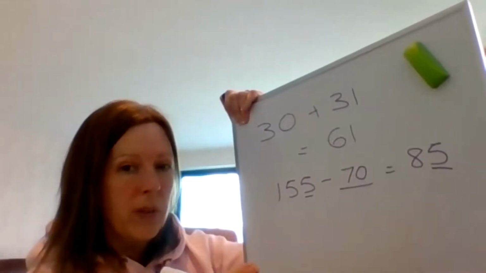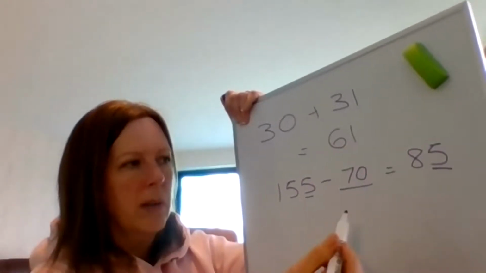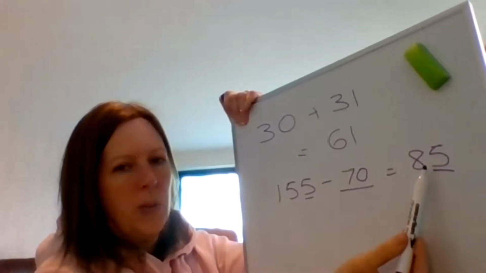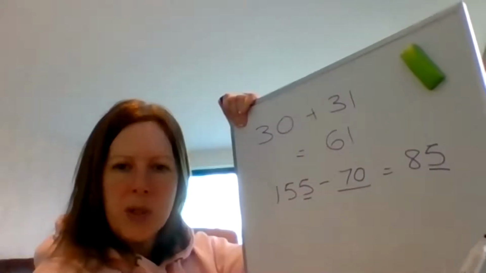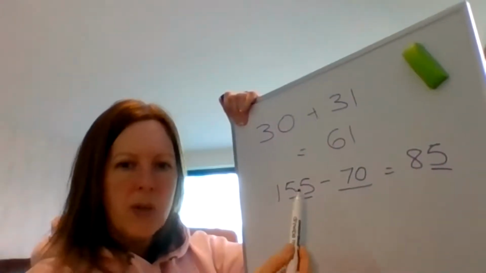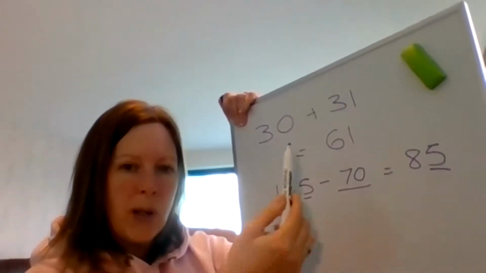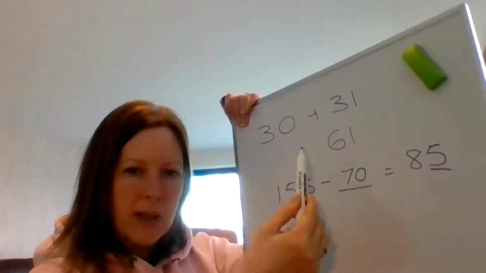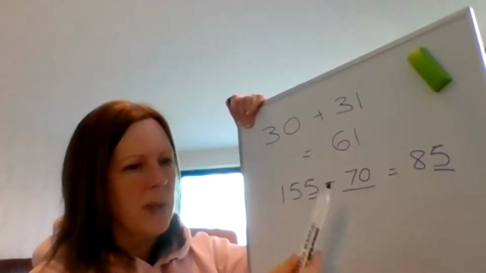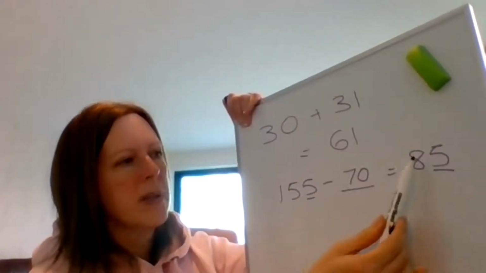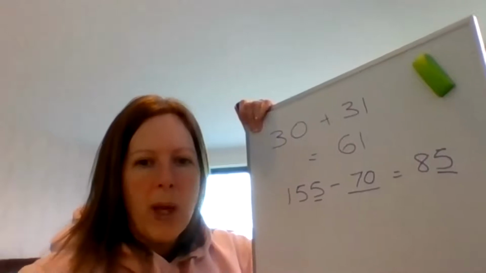You could have, if you wanted to, added on from 85 to get to 155. That's called our inverse, isn't it, when we do the opposite? So it doesn't matter which way round you did it, because you should have got the same answer. And it's a good way to check, which is what we're going to be thinking about today when we're doing our calculations. But 70 is what we have taken away.